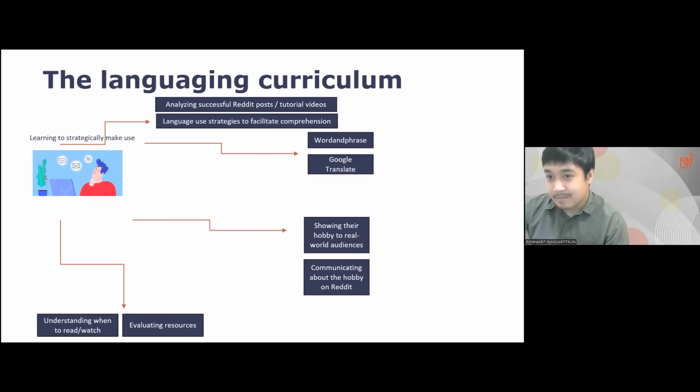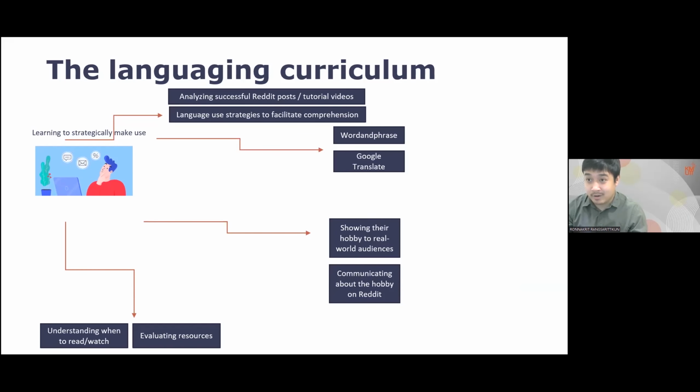So take some successful videos and analyze the shared or common characteristics of the successful tutorial videos, then try to list some criteria or features of the successful videos and try to imitate, not copying, but just imitating.